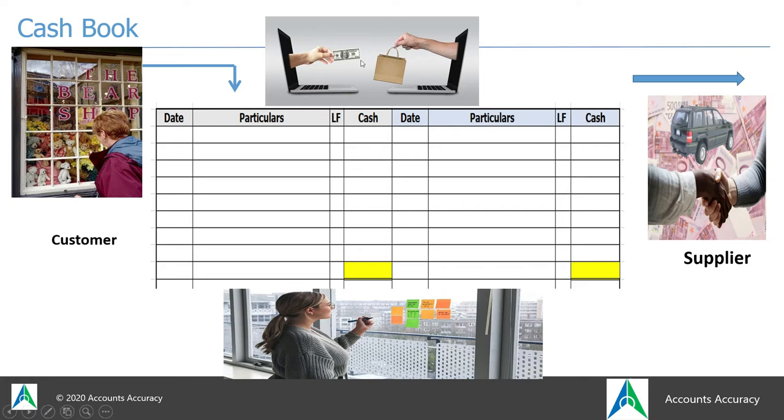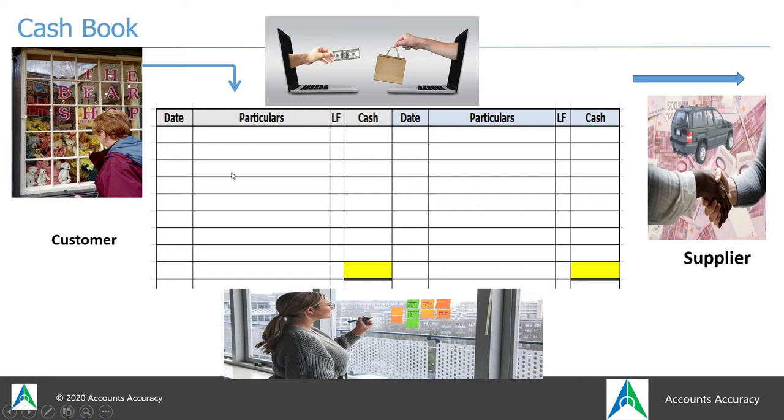Here, when any supplier provides raw material or any asset to the company, then the supplier takes away cash. Whereas if a customer purchases the product of the company, the customer pays cash to the company.